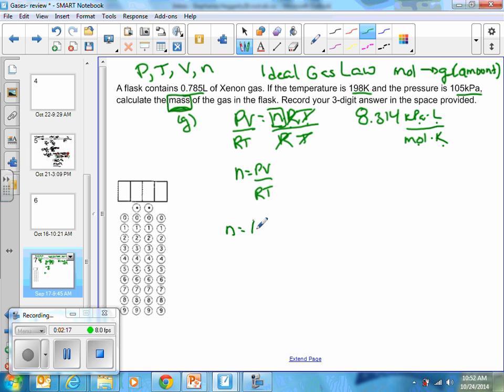Pressure is 105 kilopascals. Volume is 0.785 liters. Initial temperature is 198 Kelvin. And my ideal gas law constant is 8.314 kilopascals liters per mole Kelvin.